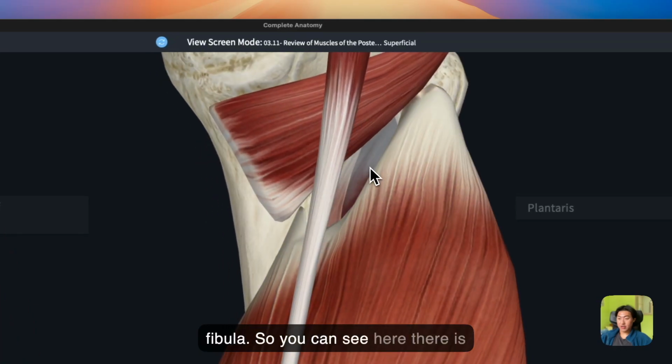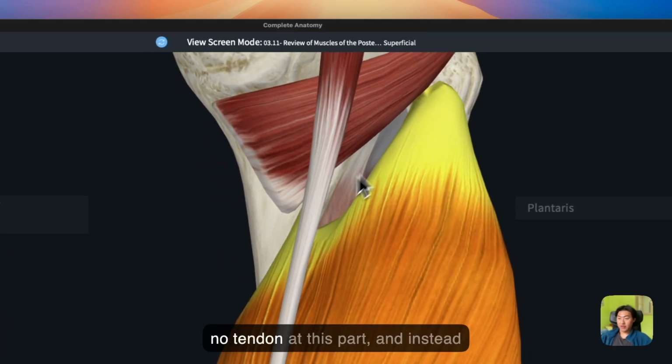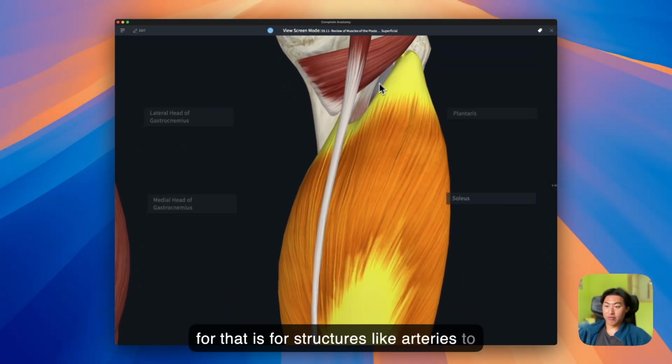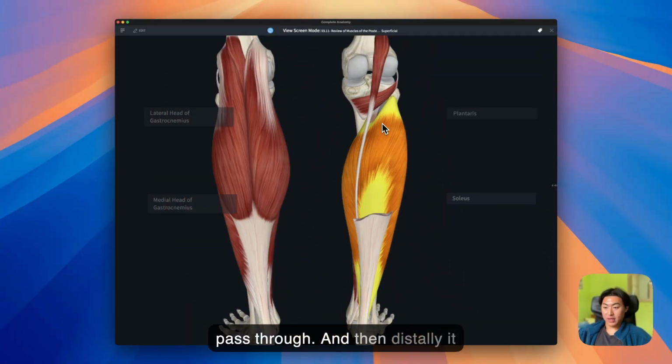So you can see here, there is no tendon at this part, and instead there's a hole here. And the reason for that is for structures like arteries to pass through. And then distally, it attaches to the posterior surface of the calcaneus via the calcaneal tendon.